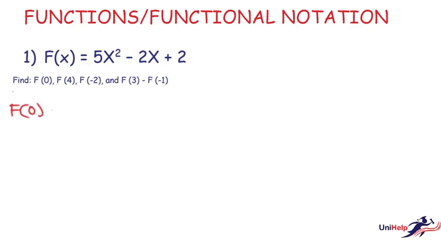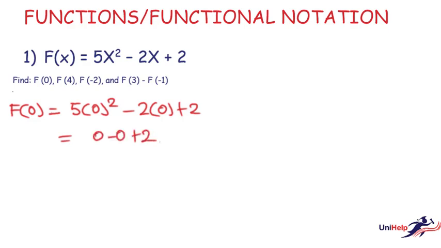F of 0 is equal to 5 into 0 squared minus 2 into 0 plus 2, which is given as 0 minus 0 plus 2, which is equal to 2.